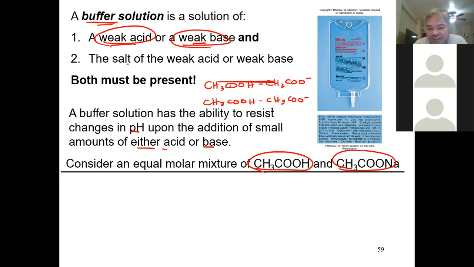Kapag nag-add ka ng acid, mag-a-act ito. Kapag nag-add ka ng base, mag-a-act doon yung acid. Example, if you're going to add a strong acid, so you have H+. So ano magre-react dito? Yung acetic acid or yung acetate? Anyone?